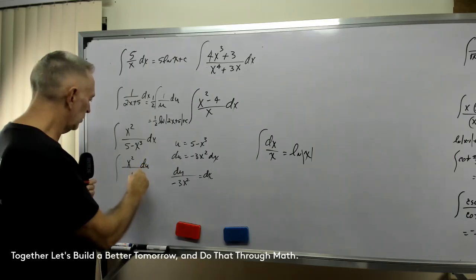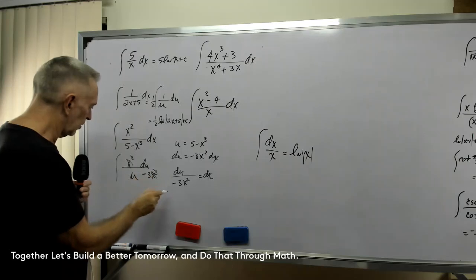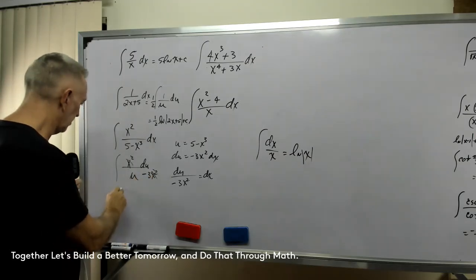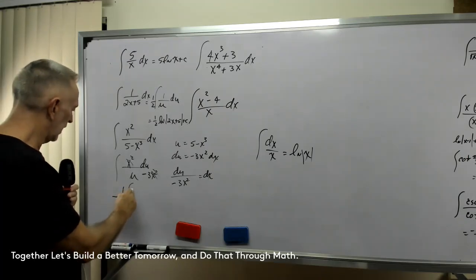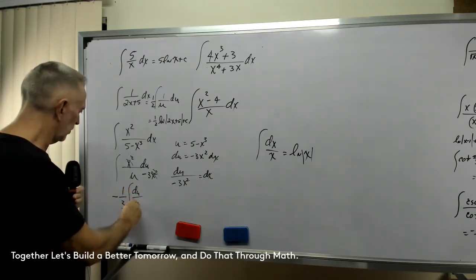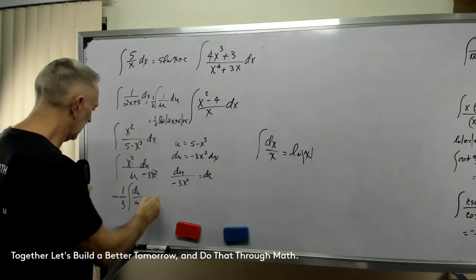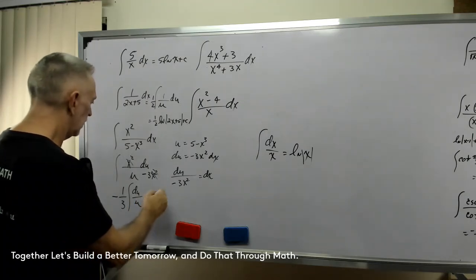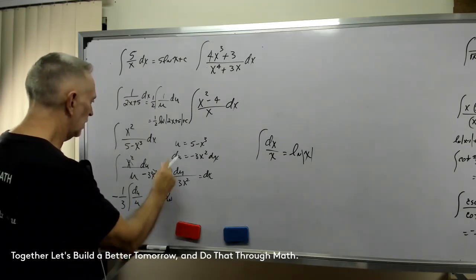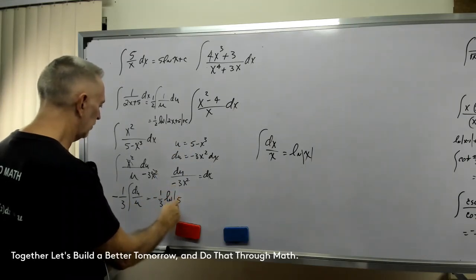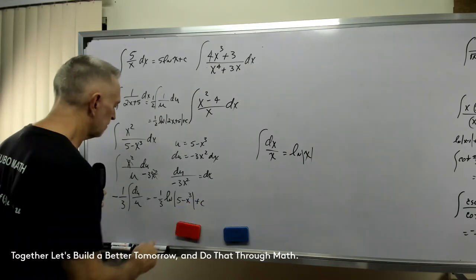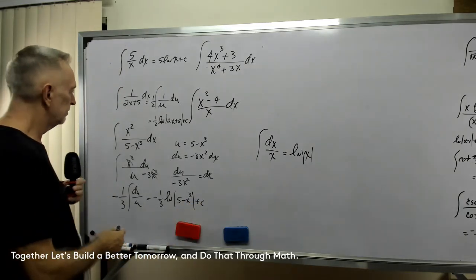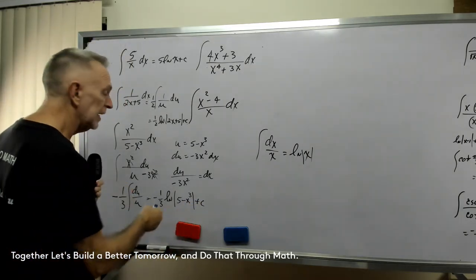The x squared term cancels, so we're left with minus 1/3, the integral of du over u. So minus 1/3 natural log of u, which is the absolute value of 5 minus x cubed, plus c. Okay, so far so good.